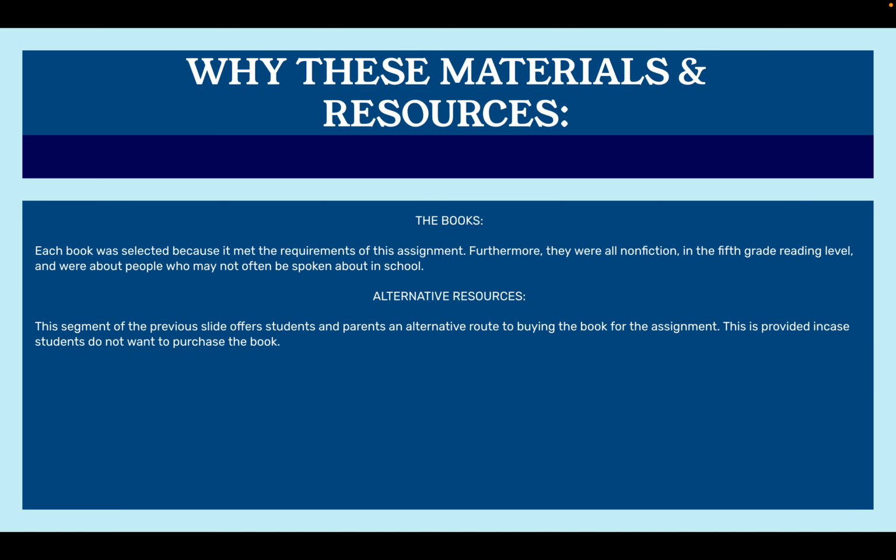This segment of the previous slide offers students and parents an alternative route to buying the book for the assignment. This is provided in case students do not want to purchase the book. This means that alternative resources were the local library and the school library. This just allowed students to go somewhere else if they did not want to purchase the book.